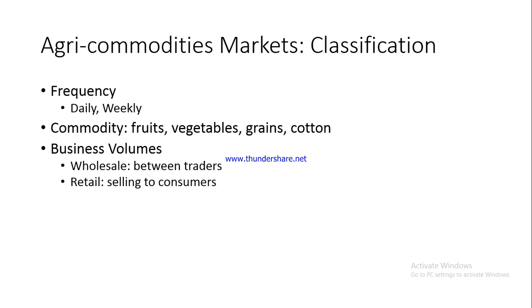Then we have got business volumes. This is again another basis of classification of agri-commodities markets. For example, as far as business volumes are concerned, there are wholesale markets and then there are retail markets.